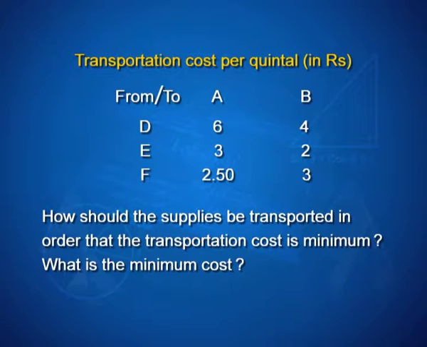Similarly, you can read what happens if I transport 1 quintal from point B to point D, or to E and then to F. Now, the problem is to find how we should transport these supplies in order that the transportation cost is minimum, and also to find what the minimum cost is.